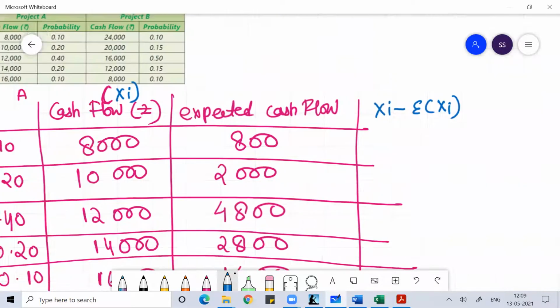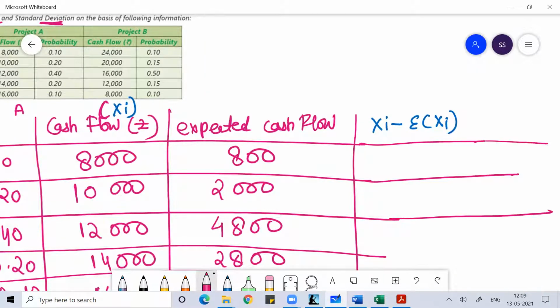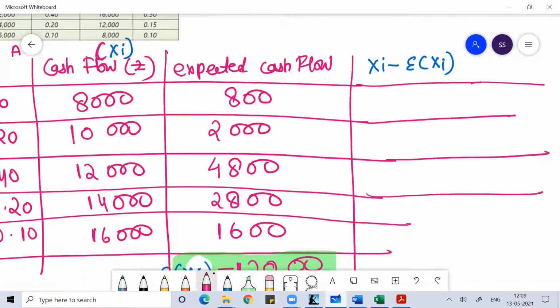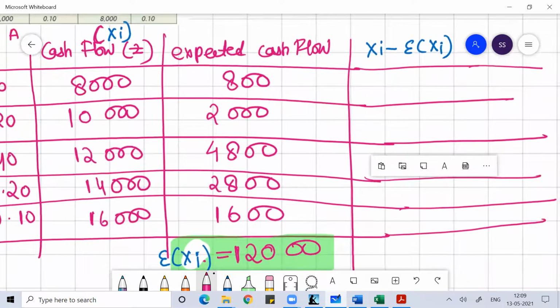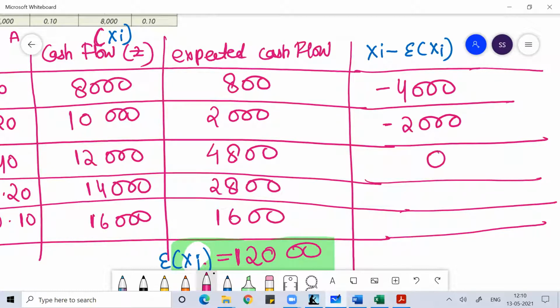So find xi minus E(xi): 8,000 minus 12,000 will be minus 4,000. 10,000 minus 12,000 will be minus 2,000. 12,000 minus 12,000 is 0. 14,000 gives 2,000. 16,000 gives 4,000.